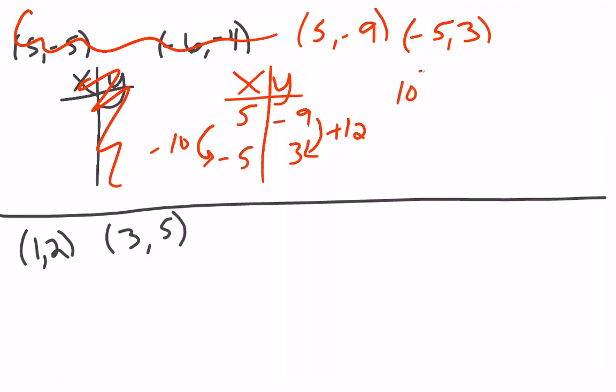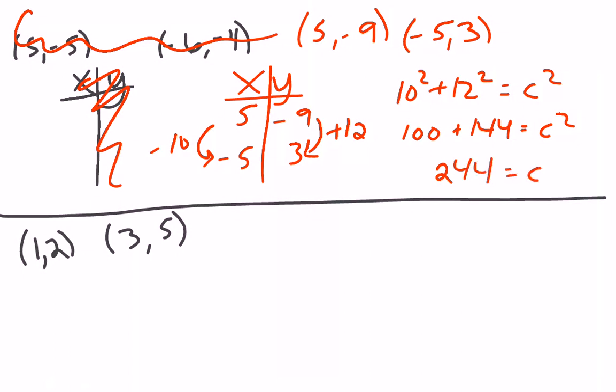So 10 squared plus 12 squared equals c squared. Remember, distance is positive, so that's why I can leave off that negative. So 100 plus 144 equals c squared. And then we do the square root of both sides. So c is equal to the square root of 244.